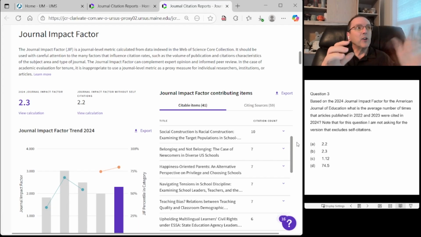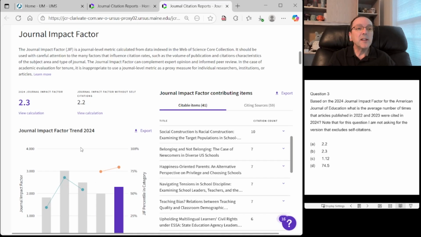And then they look at all the journals that they keep track of for 2024, and find how many times those American Journal of Education studies published in 2022 and 2023 are cited in journals in 2024. And it counts the average number of times that they're cited.